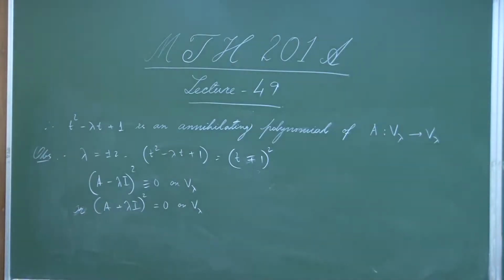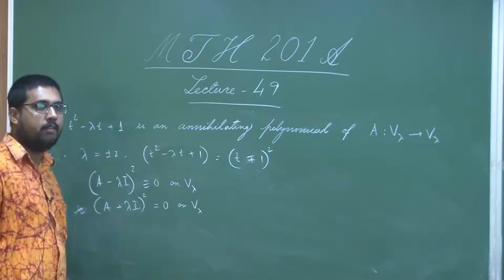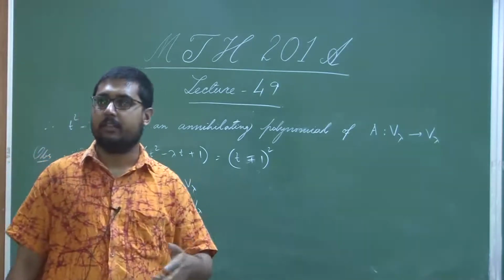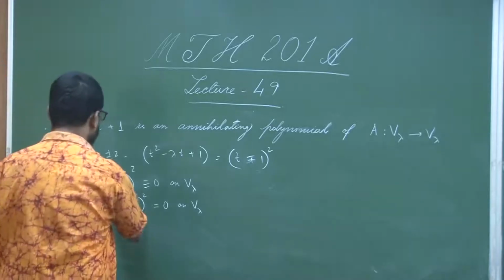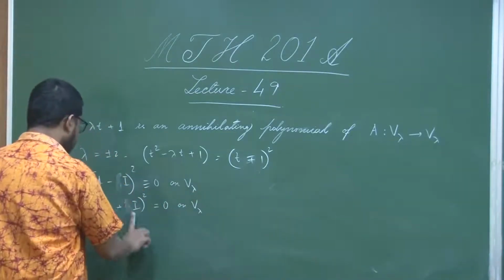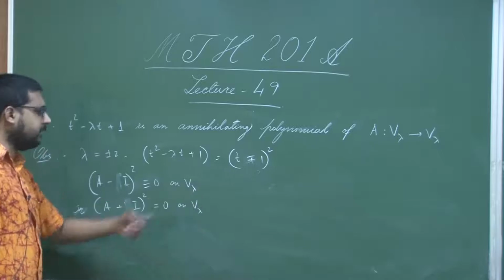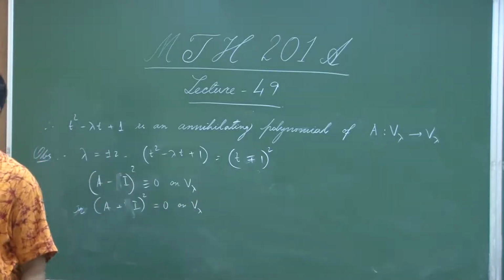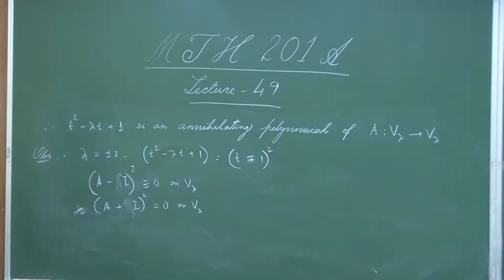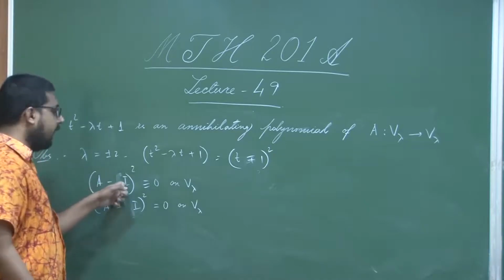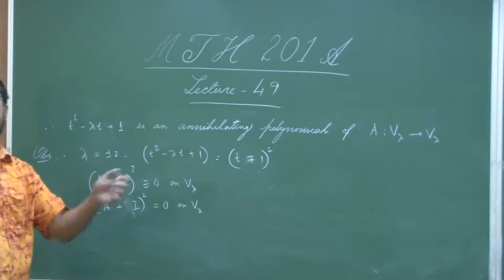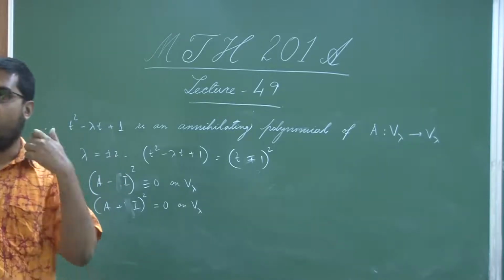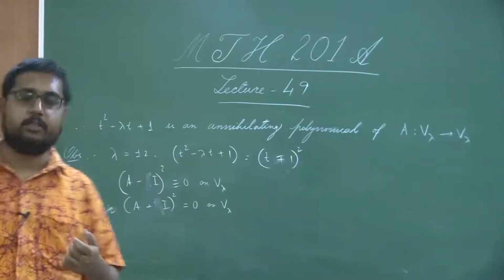In either case, in the first case every vector on V lambda becomes a generalized eigenvector of A with eigenvalue 1, and in the second case every vector on V lambda becomes a generalized eigenvector of A with eigenvalue minus 1.